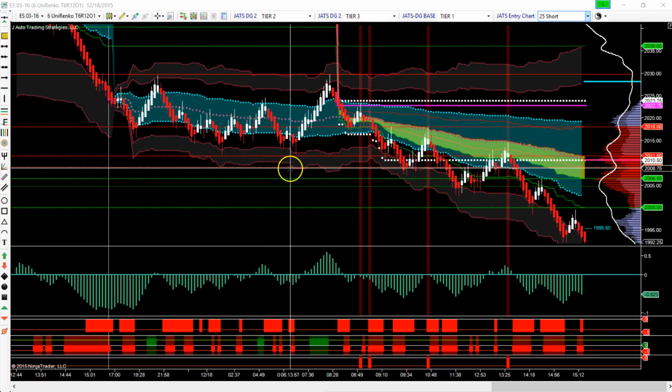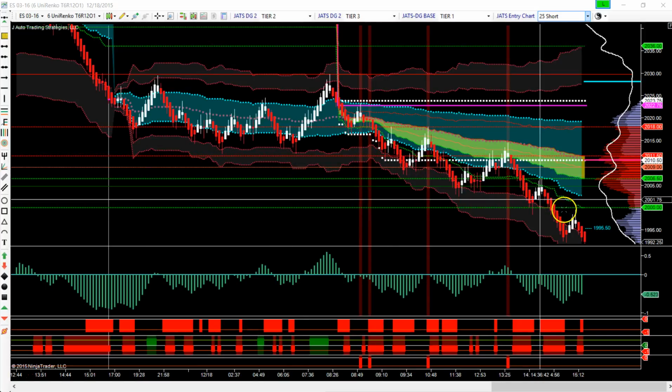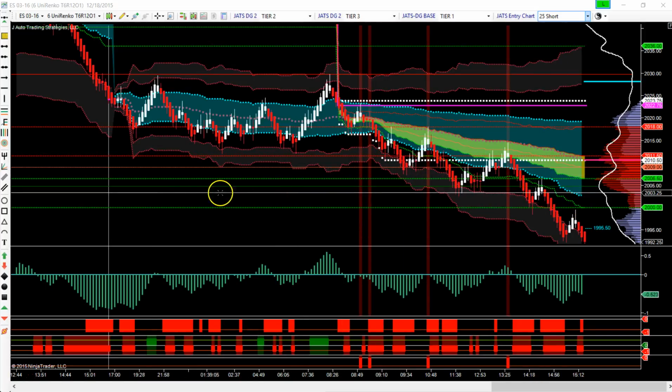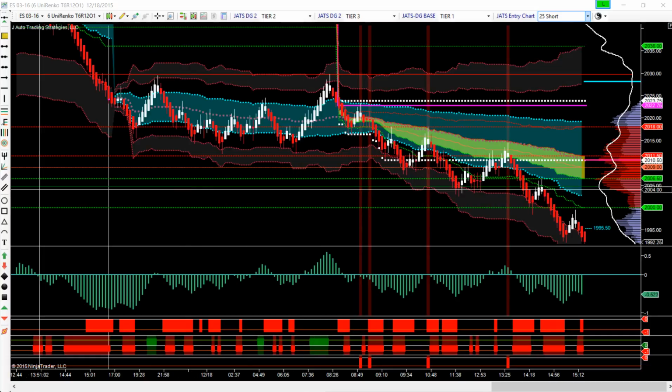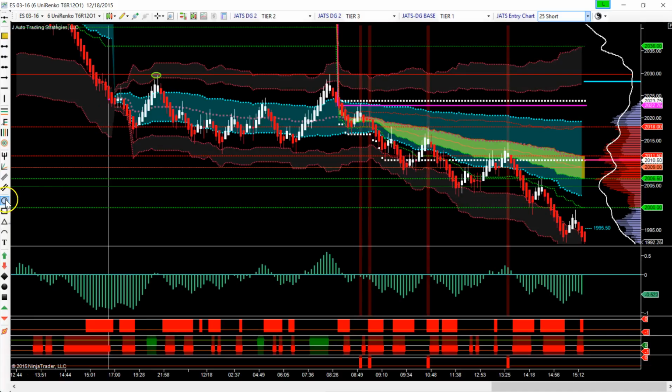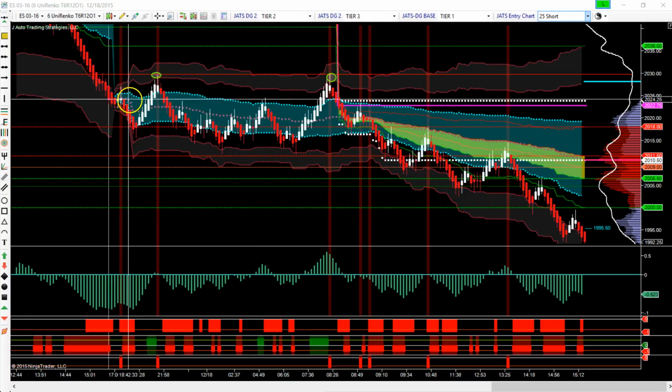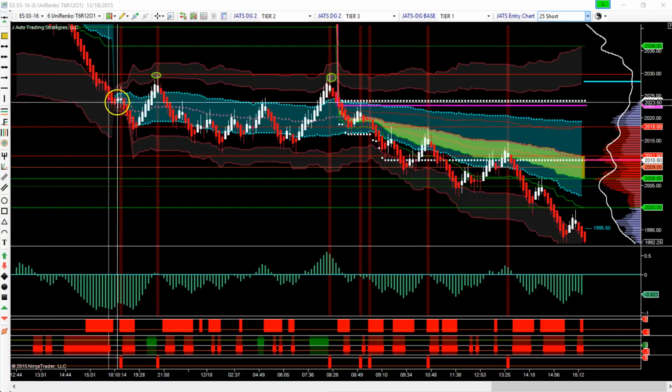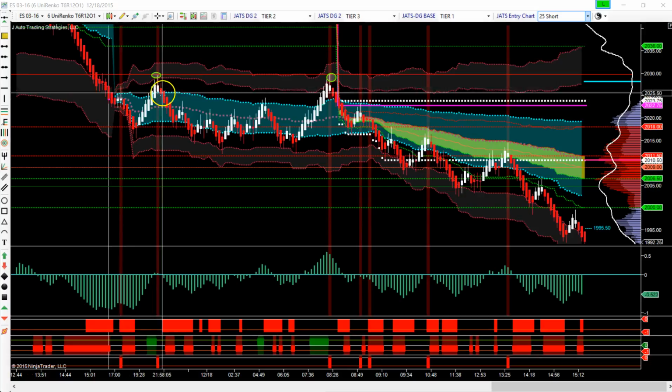If you're in Globex, I don't show my market profile in Globex. I just use the VWAP. You can take trades off the developing upper two up here. Same concept. You can get the signals. Here's another one here that touched.